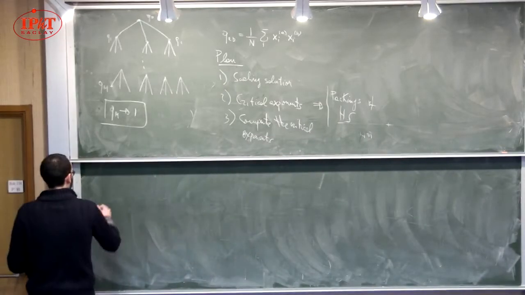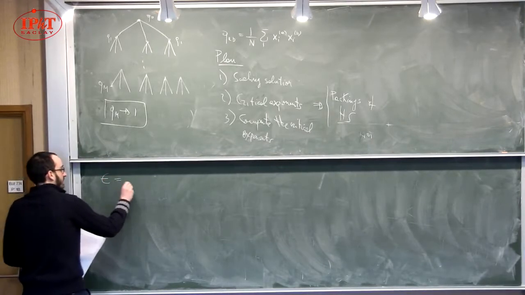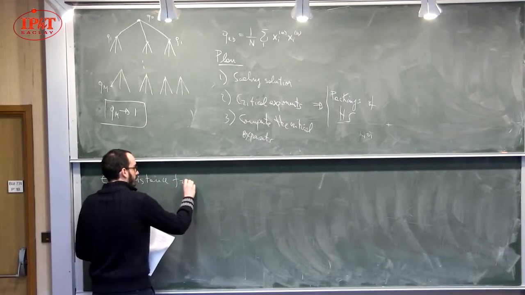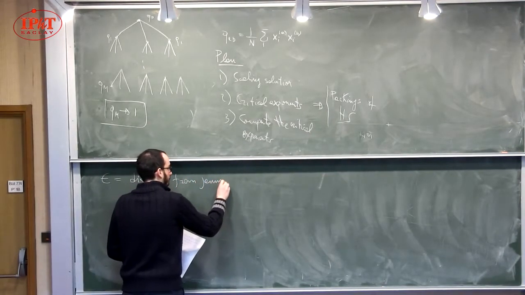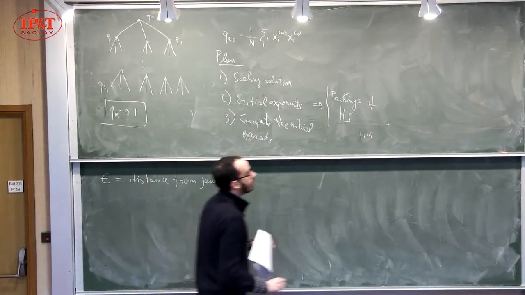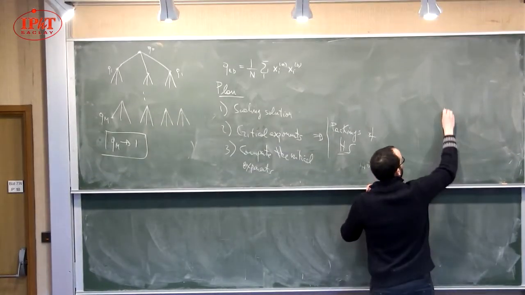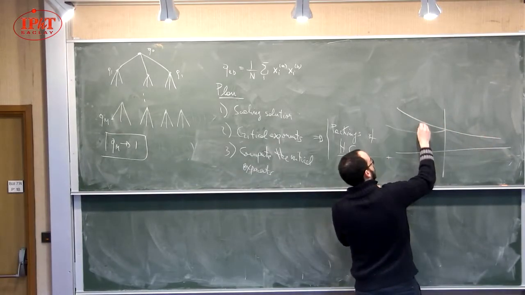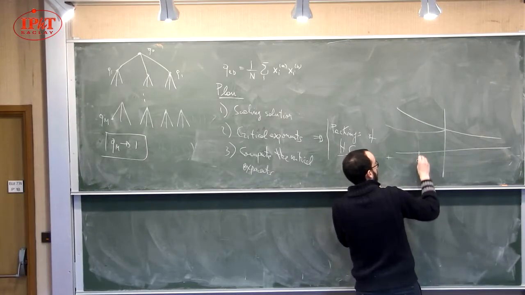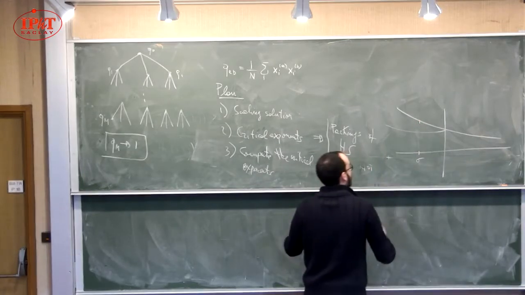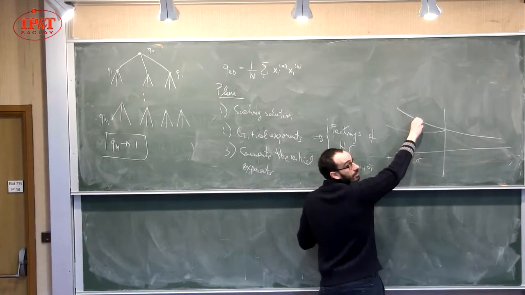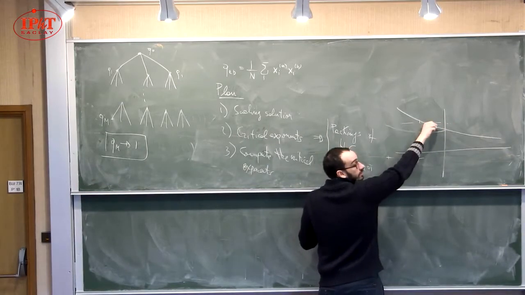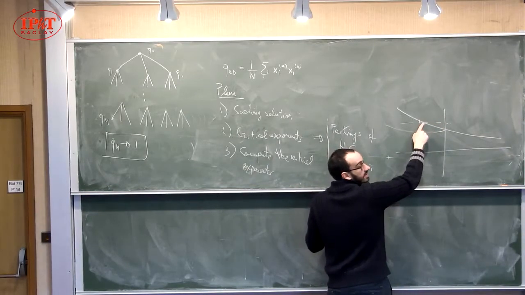Okay, so let me introduce epsilon as the distance from the jamming point. If you take the phase diagram, you can fix sigma, and then epsilon is just alpha minus the jamming point. Otherwise, you can fix alpha and go in this direction, and epsilon is sigma minus sigma j.